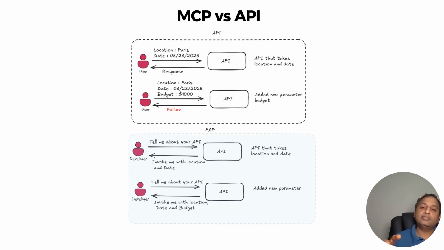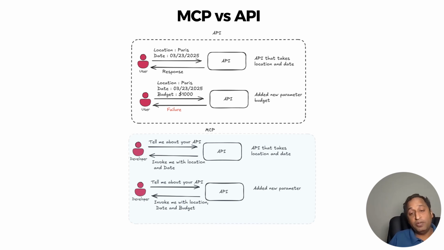So how does MCP actually address this issue? As I told you, when the initial connection happens between the client and the MCP server, they exchange capabilities. The MCP server says, I have this new capability. For example, in very traditional language, the first time it says invoke me with the location and date.